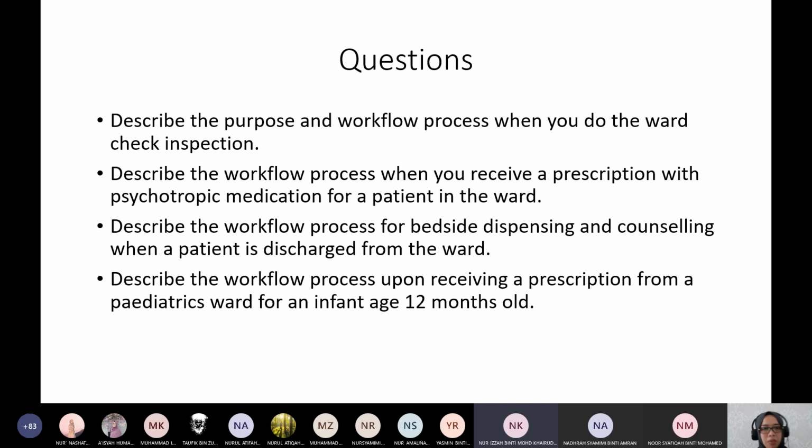the documentation for the psychotropic medication. There will be a book for each strength of every drug, and we have to take note of the stock balance, who supplied the medication and who received it, the date supplied and supplied to whom, and we have to write in red pen.